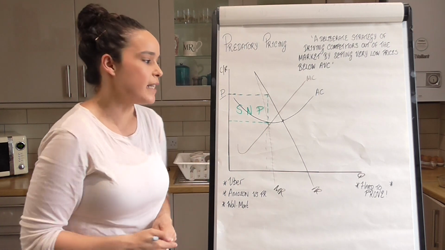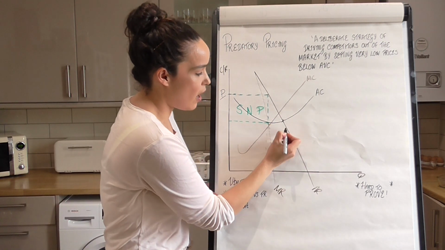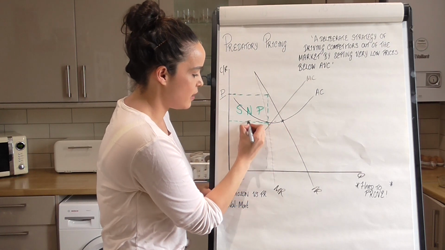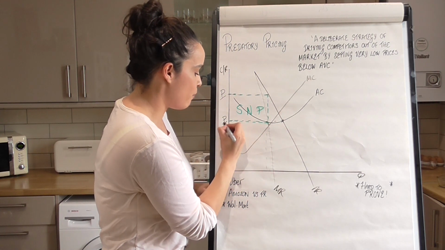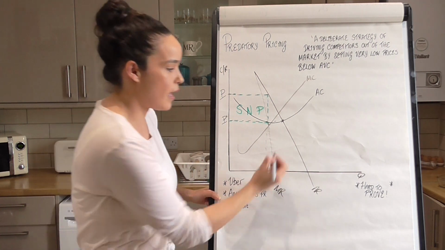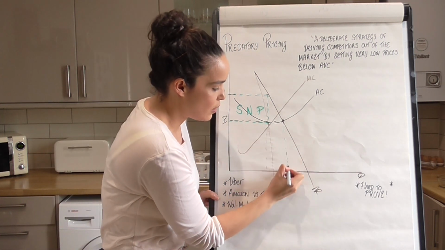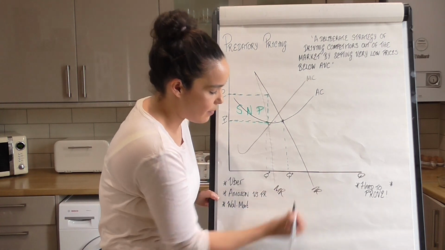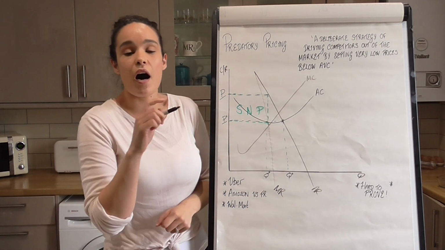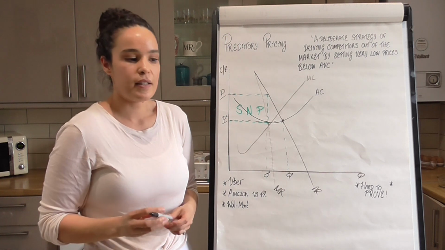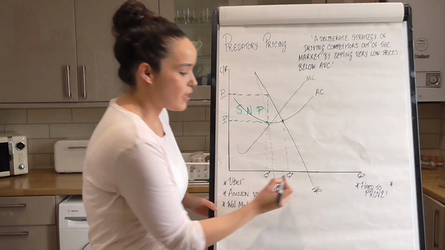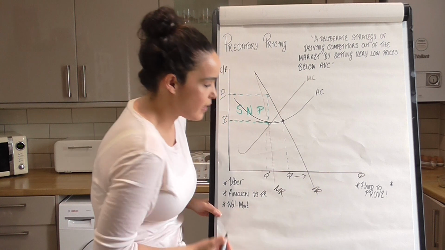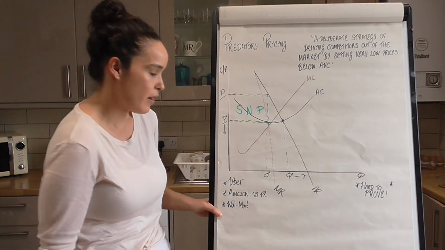But we have here our price, our bottom limit price, and our maximum quantity, our quantity of profit maximizing, sales maximizing. So our predatory price is anything with a quantity above this and a price below this.